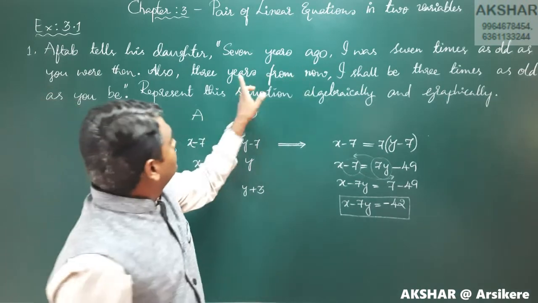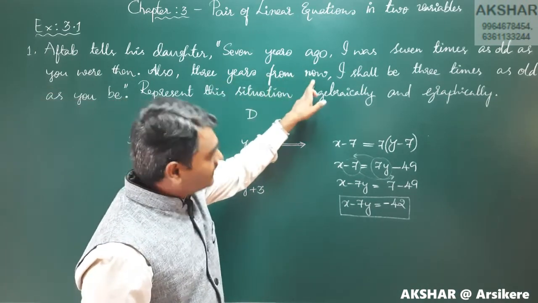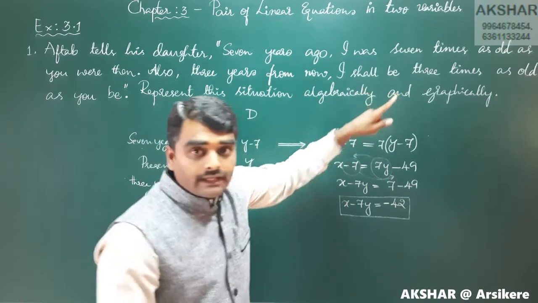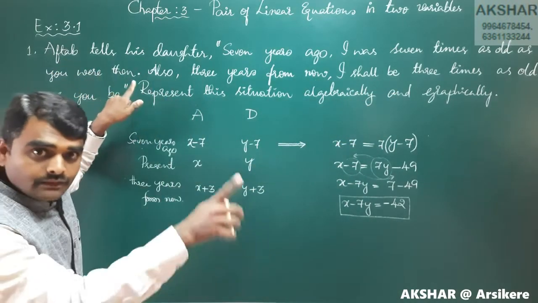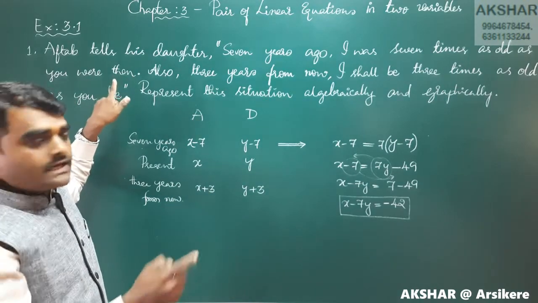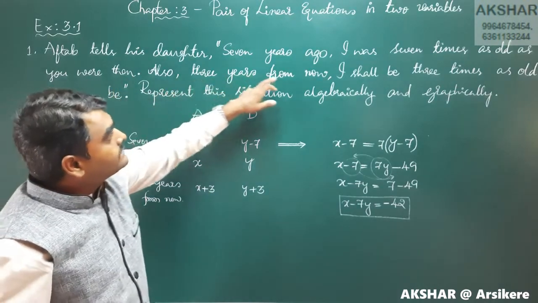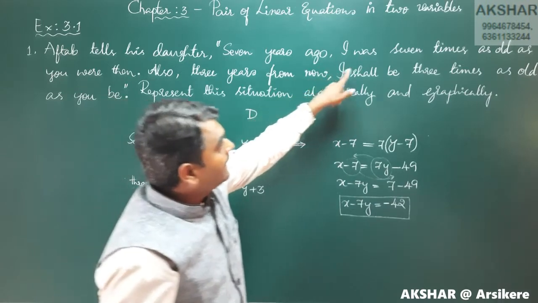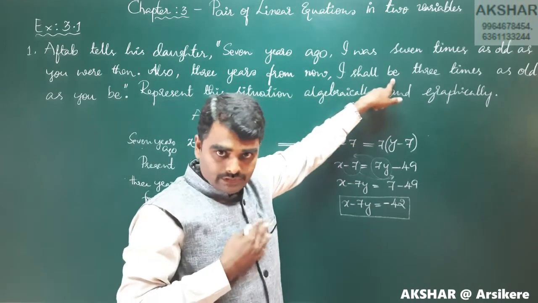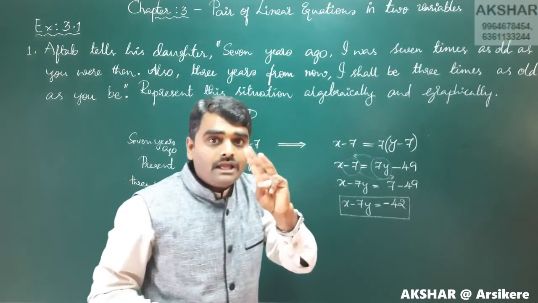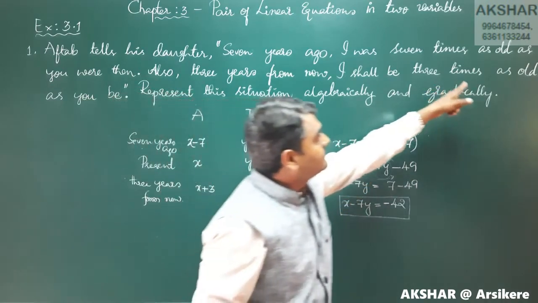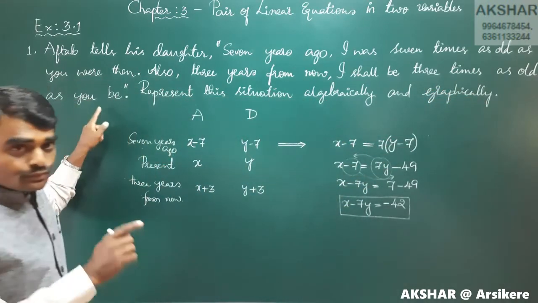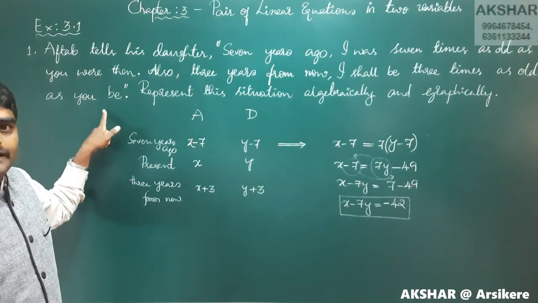Yes. 3 years from now, I shall be, again Aftab is telling the second statement to his daughter. 3 years from now, I shall be 3 times as old as you. Right?